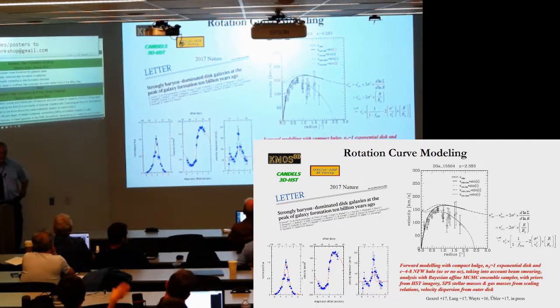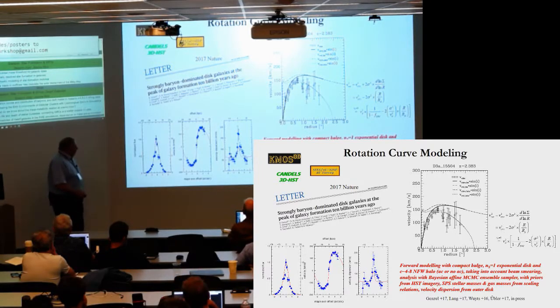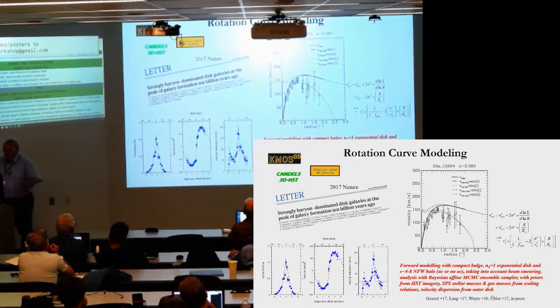So you have to make forward models. What we do is we assume that there is a compact bulge, unresolved, then an exponential disk, and then an NFW halo with a concentration parameter which you can take from the literature. We take John Bullock's paper from 2001.